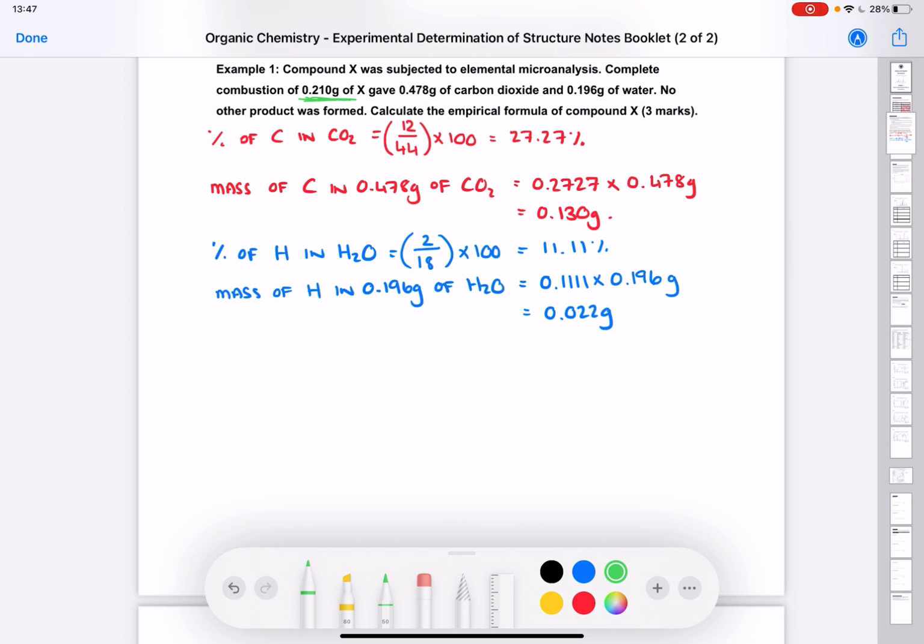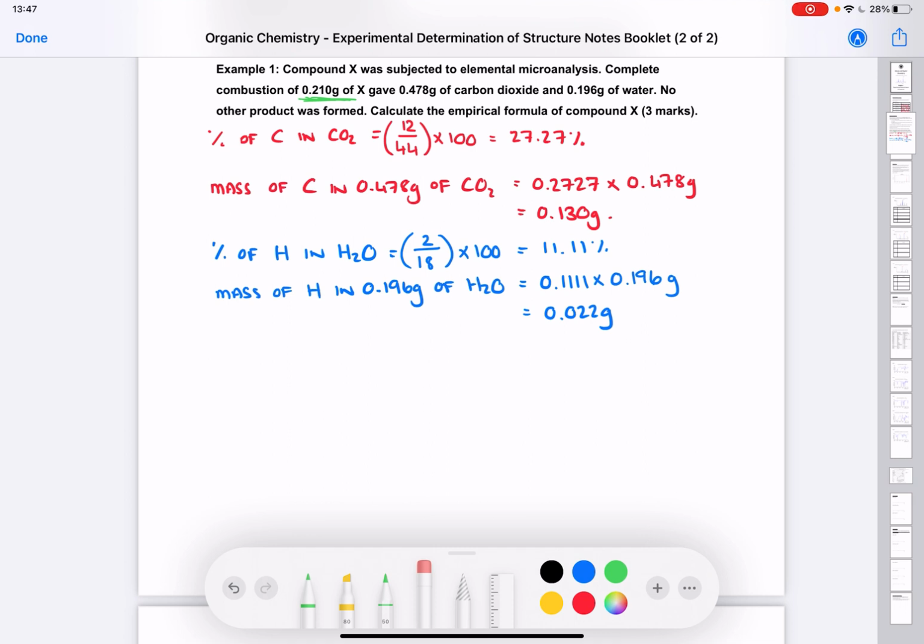So if we add 0.13 plus 0.022 and it gives us 0.210, then we know that there was only carbon and hydrogen present. But if they don't, then we know that oxygen must be present, and whatever the remaining mass would be your oxygen. So 0.130 plus 0.022 only gives me 0.152 grams. So what that means is that to get up to the 0.210 grams, that must be made from oxygen.